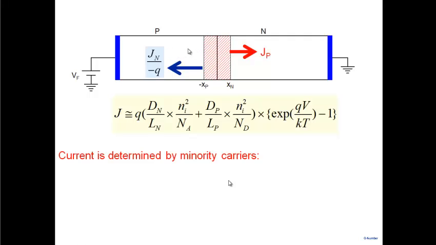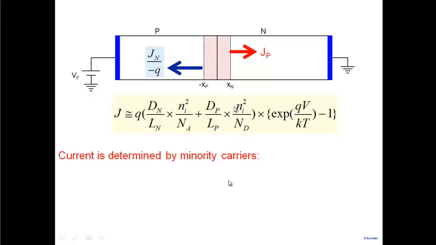Double. But look at the expression: if you double the doping of p-type, it decreases. So if you double the doping of p-type and double the doping of n-type, the current becomes half. So obviously it shows that it's not majority carrier determined. If it were majority carrier determined, the current should have doubled, since I have more carriers here. But because it's minority carrier determined, and minority carriers actually decrease as you increase the doping, the current decreases.